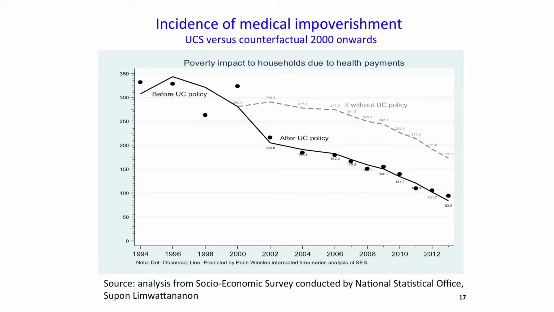The solid, lower line is the observed line from the National Household Survey by the National Statistical Office. The gap between the dotted line and the solid line is the net number of households prevented from impoverishment because of medical bills. And you see 11.2 something percent of THE is out-of-pocket payment. Therefore, this confirms each other.